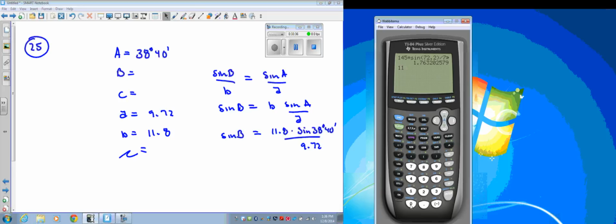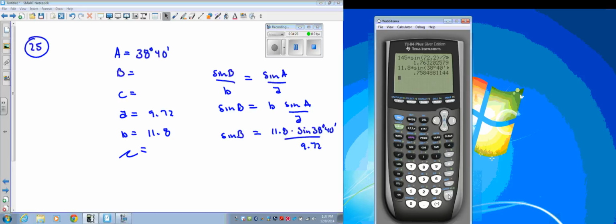So we don't make the same mistake as we did before. 38.40. I don't think I have to put another bracket in.